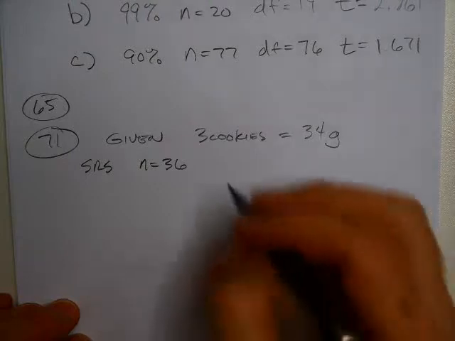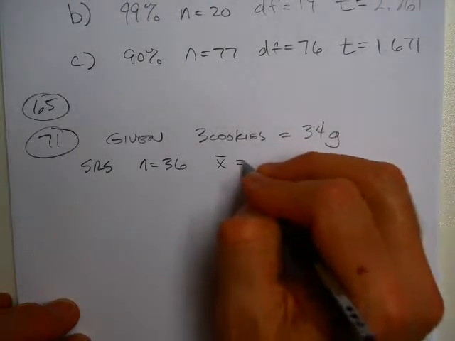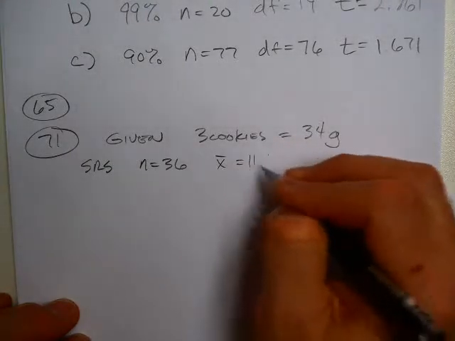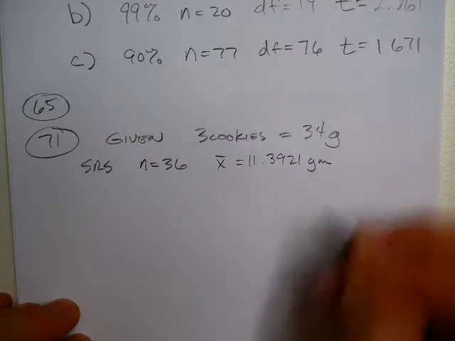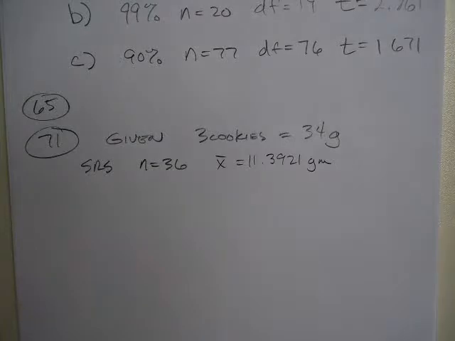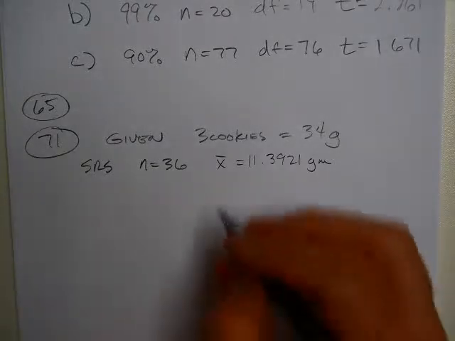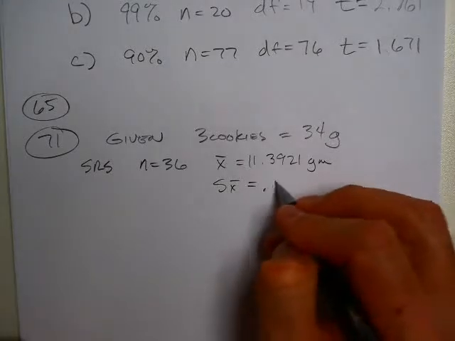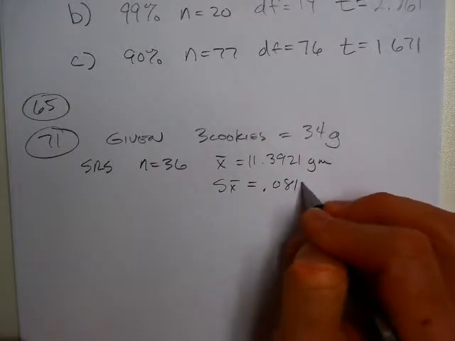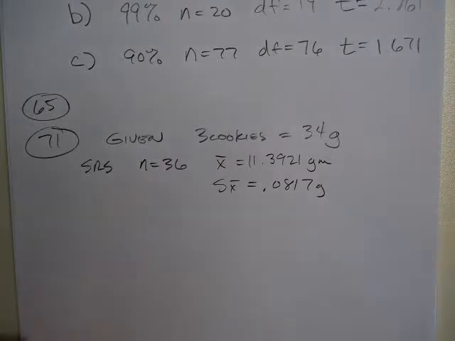The mean weight, x bar, was 11.3921 grams, and it contained a standard deviation of 0.0817 grams. Construct and interpret a 90% confidence interval.